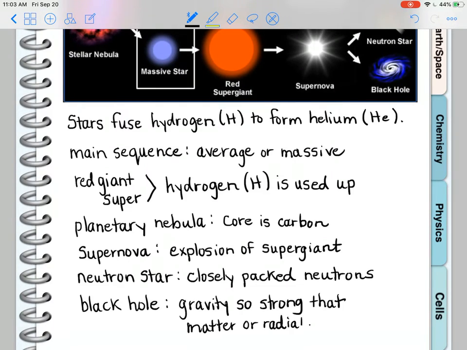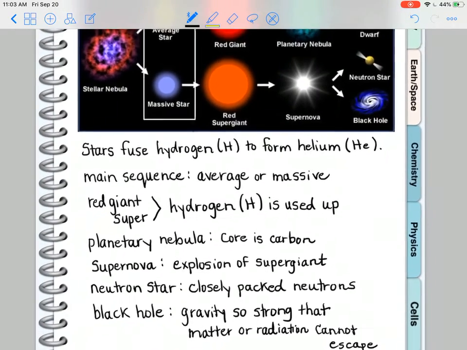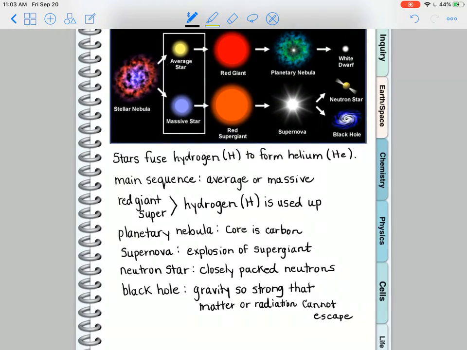So radiation, light is a form of radiation. Light cannot get out. And in our Star Wars movies, we see that a spaceship that flies into a black hole cannot get out. And that's science fiction. But the concept is real, that nothing can get out of that black hole because the gravity is so strong. And those can form when a supernova is dying.